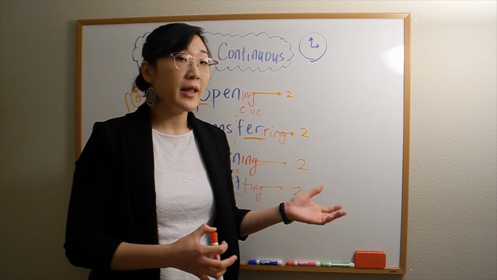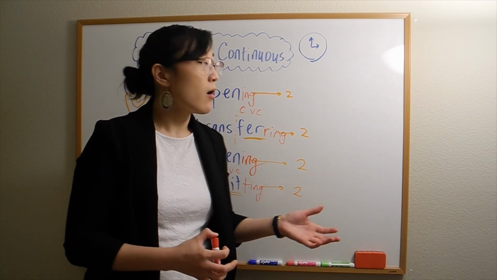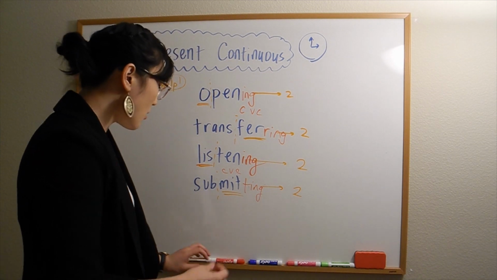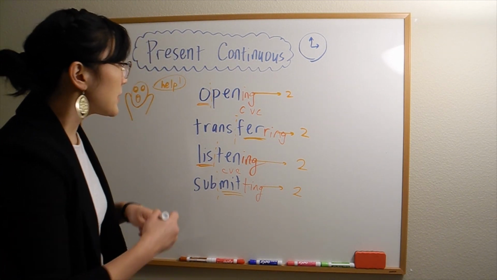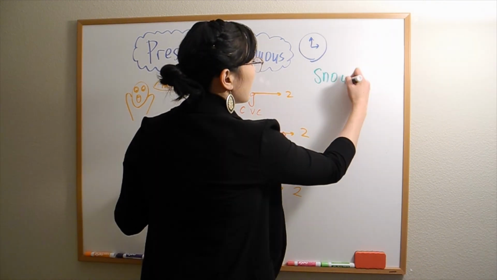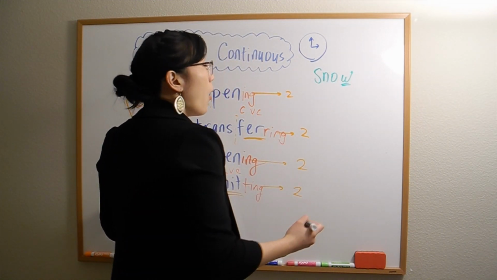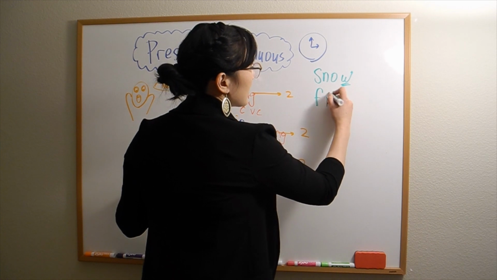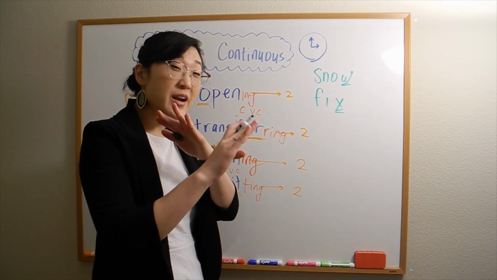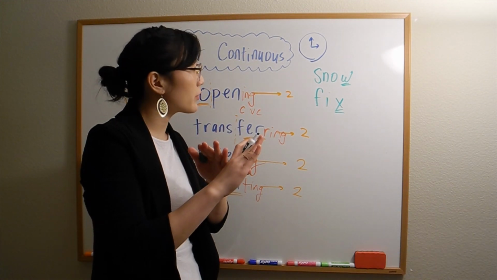So what I would like to do now is also tell you about some exceptions because there's always exceptions in English. If you see, for example, the word ending in a W, or if you see the word ending in an X, you never double, okay?